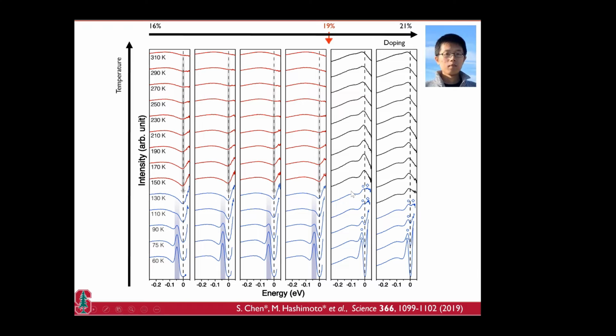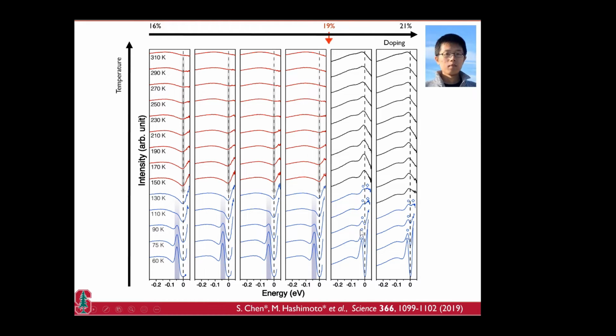Now, everything looks like what you would expect, except that this happens at a temperature much higher than the superconducting transition temperature. Later I will show data in this doping range above the superconducting transition temperature, in the normal state.